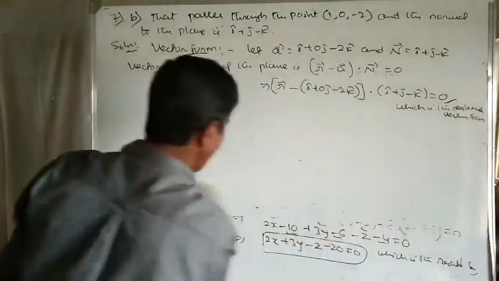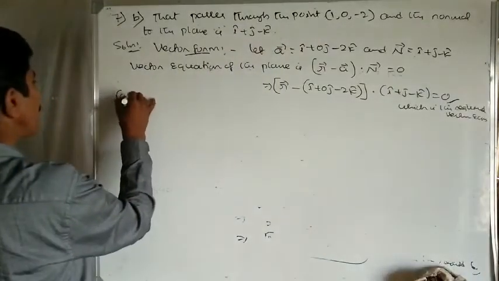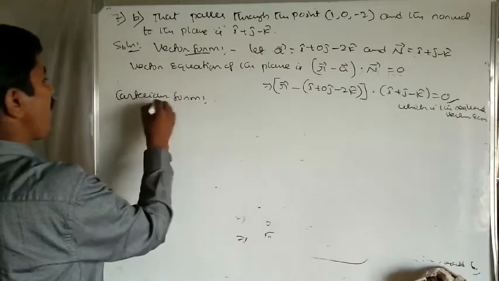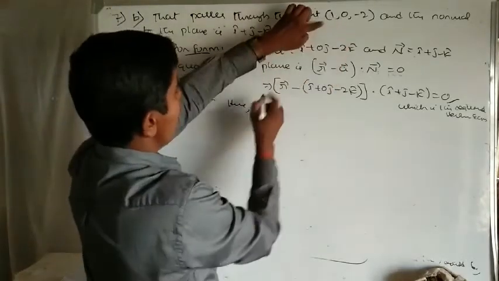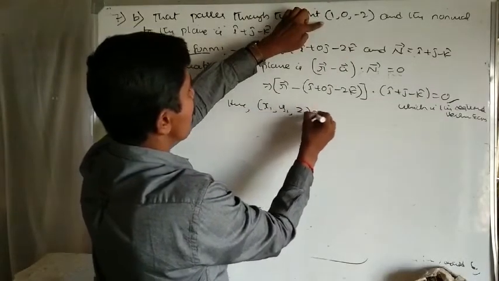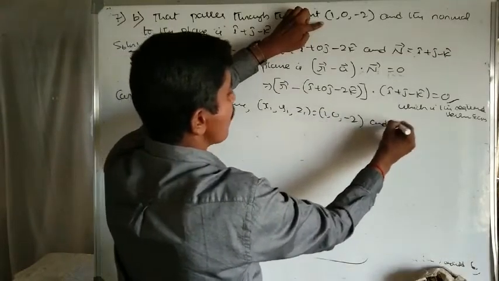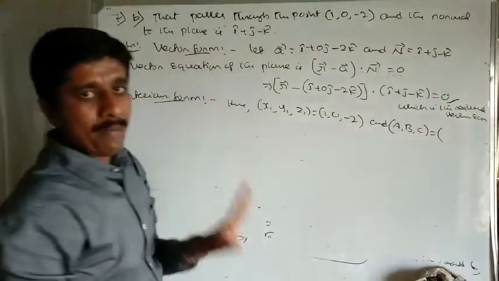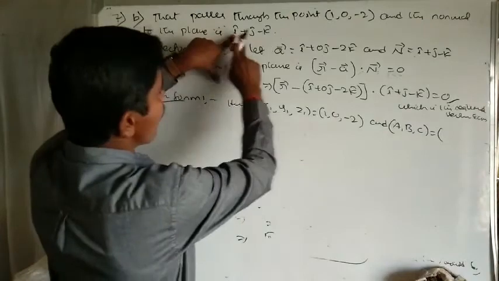So, coordinate form. In coordinate form, the given point is x1 comma y1 comma z1 equal to 1 comma 0 comma minus 2, and the direction ratios of the normal are denoted a, b, c.